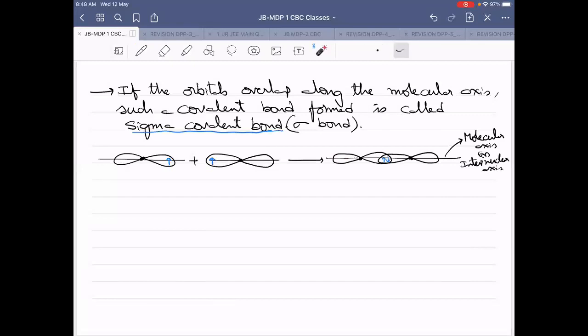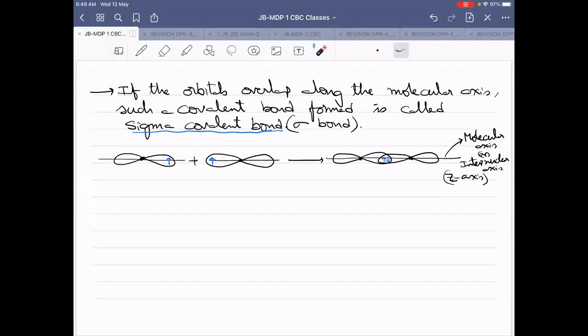Okay, so if this is a molecular axis, let us assume z axis. In most cases in books also, to avoid confusion, I am taking z axis, you may take an x axis, and your friend may take a y axis, so it will create confusion.